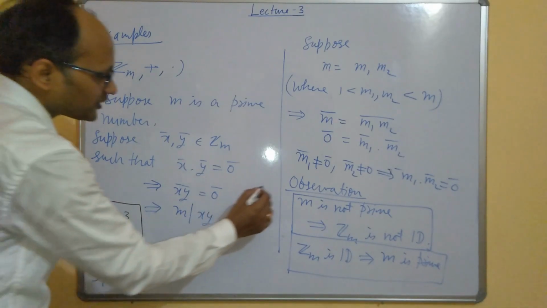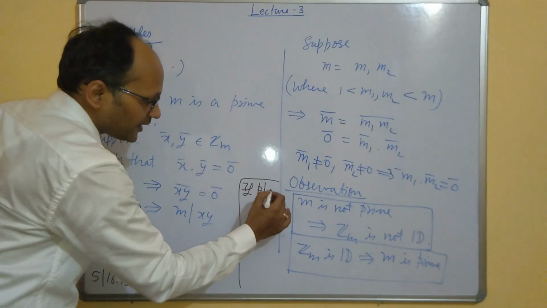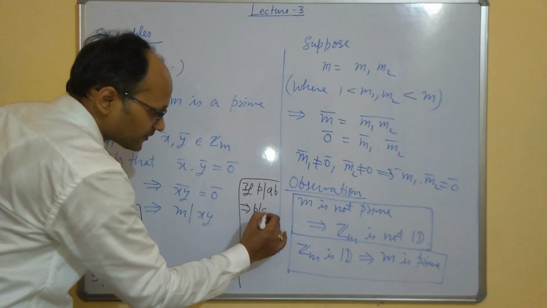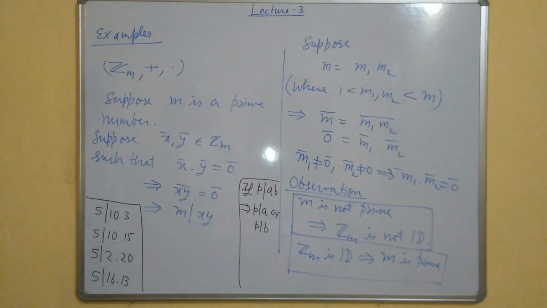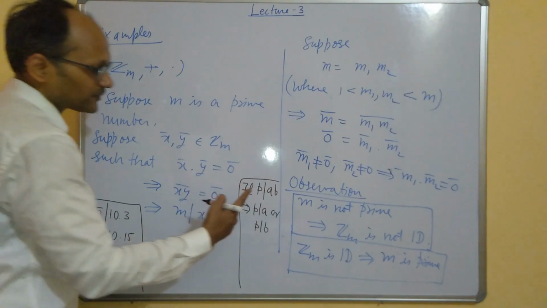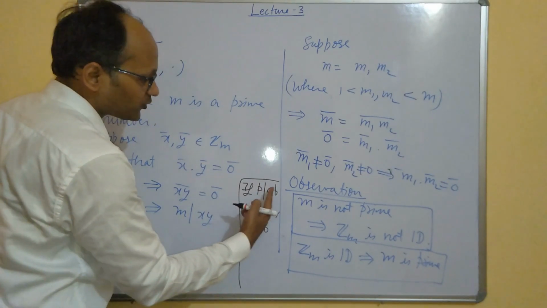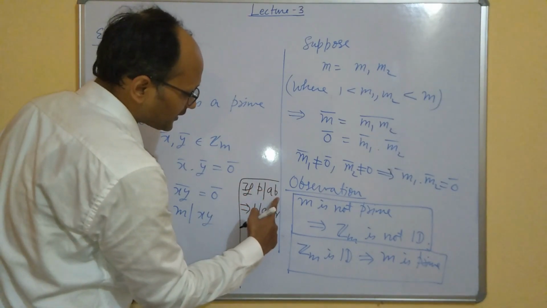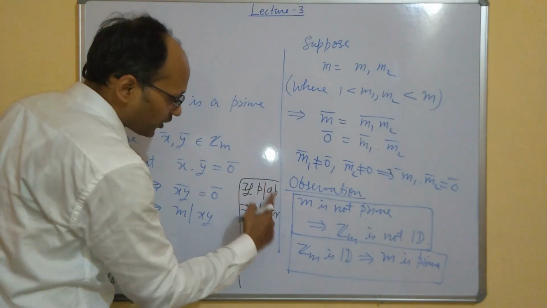So the property of the prime number is that if p divides a into b, then p divides a or p divides b. Because either p should be in the prime factorization of a or p should be in the prime factorization of b, and only then this number can divide a or b.